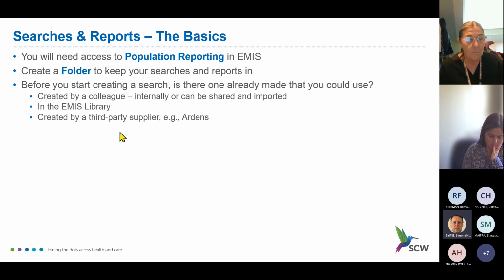So there is an EMIS library that has searches that are created by EMIS. Or it might be a search created by a third-party supplier. So you may have heard people mention an organisation called Ardens, and Ardens are a third-party supplier who provide searches and templates for practices to use.